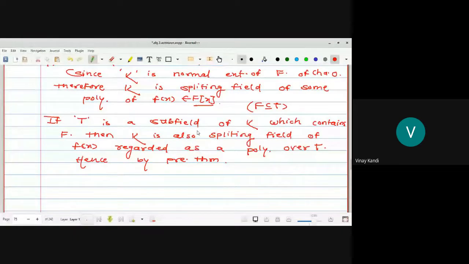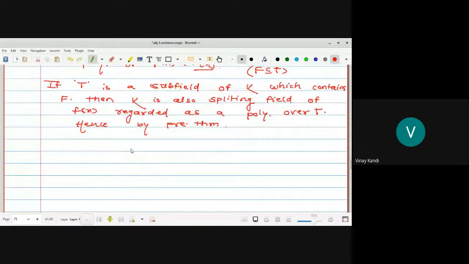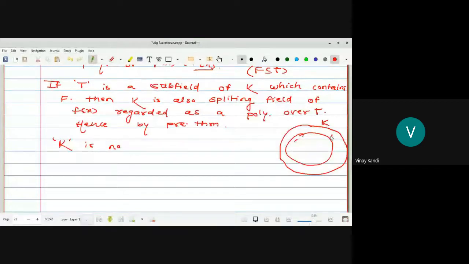Now hence K is a normal extension of T. Why? This one is K, this one is T, this one is F. Now K is what?